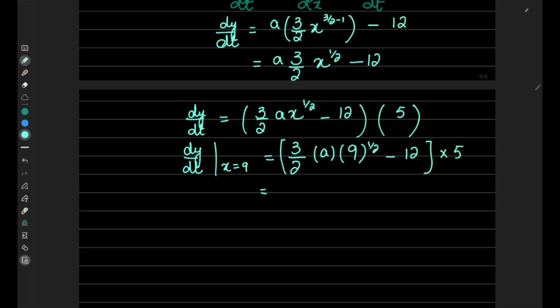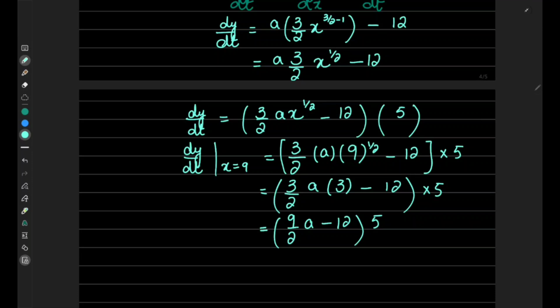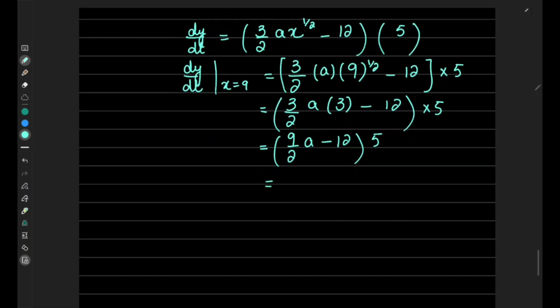So we will be getting 3 over 2 a times 3 minus 12, whole multiplied by 5. So 9 over 2a minus 12, and this will give you 45 over 2a minus 60.